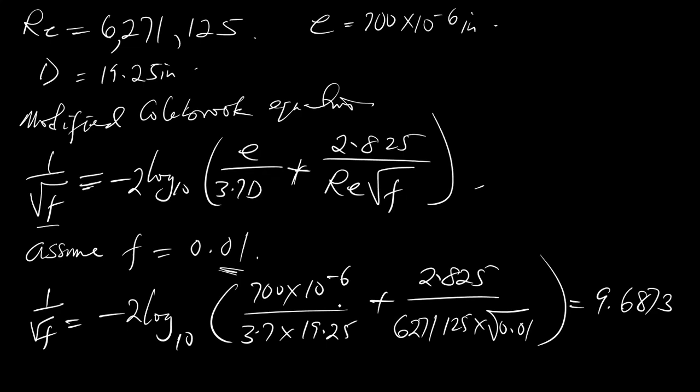It means 1 all over the square root of f is equal to 9.6873. So now on both sides, take the inverse of both sides. The inverse of 1 all over square root of f will give you square root of f.